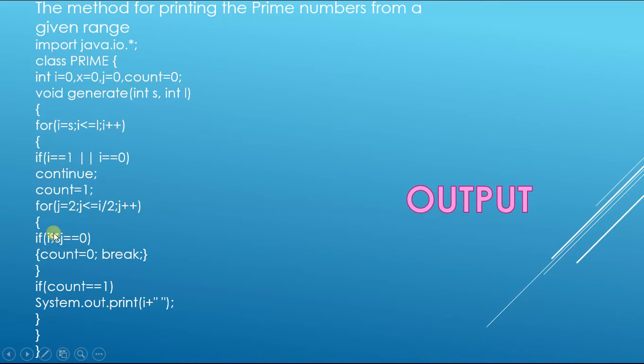It's a mod function, and whether the remainder is equal to 0 or not. If it is equal to 0, you change the counter back to 0, and it will break and come out of the block statements. And even if it does not enter the block statement, if it is not equal to 0, it will come here, because this for is coming up to here.